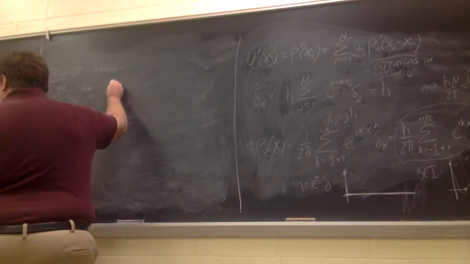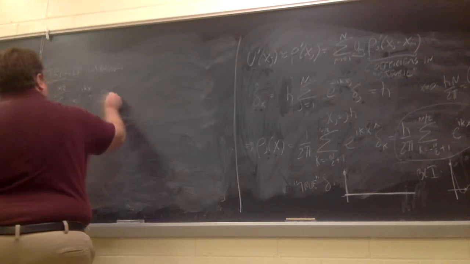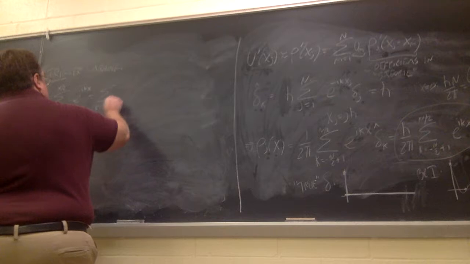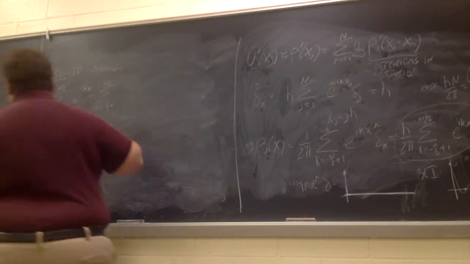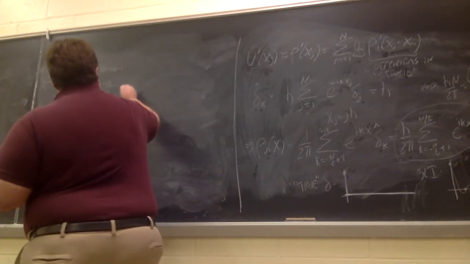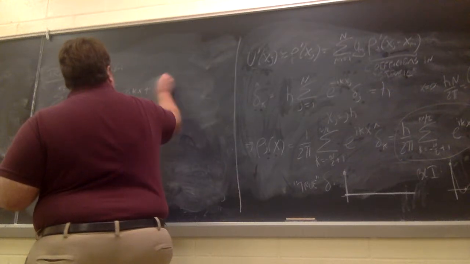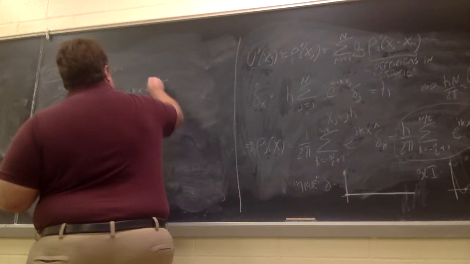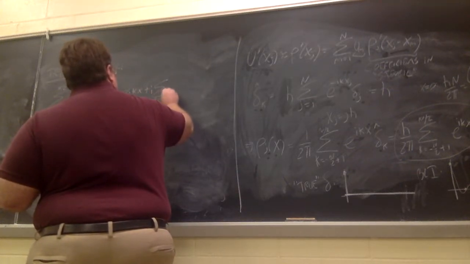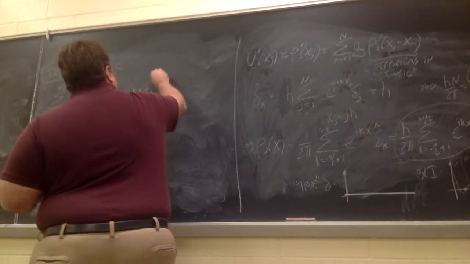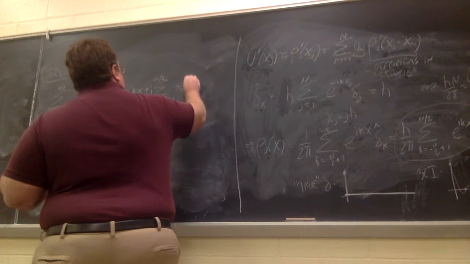Now, this is equal to, so I can use the definition of e to the i kx, which breaks up into real and imaginary parts. Cosine kx plus i sine kx.